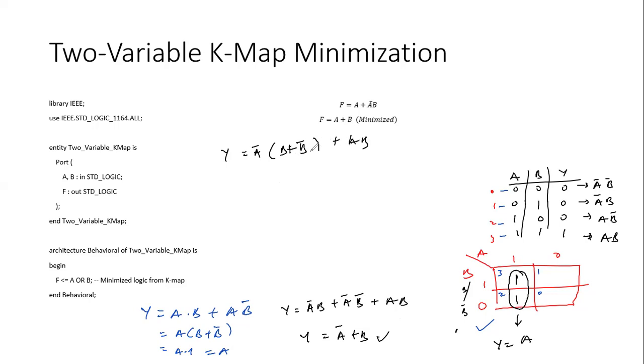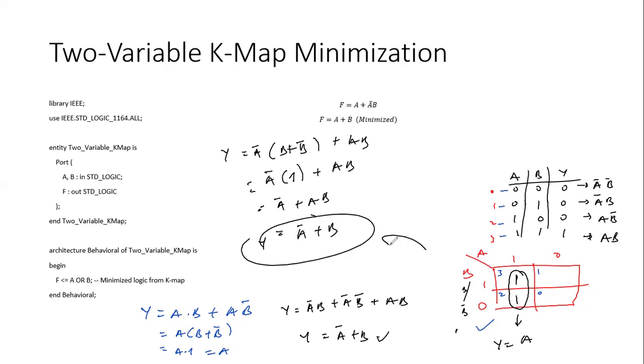Then we know this is the same as 1. So that's A bar into bracket 1 plus AB. So that's A bar plus AB. And then we know that this is either A or B. So technically, Y will be the same as A bar plus B, and that's the same as what we got using the K-map.